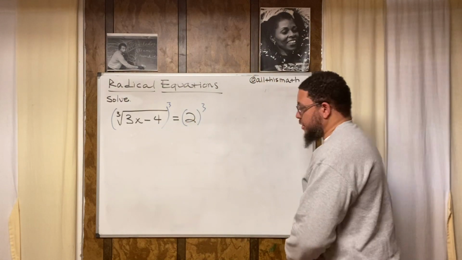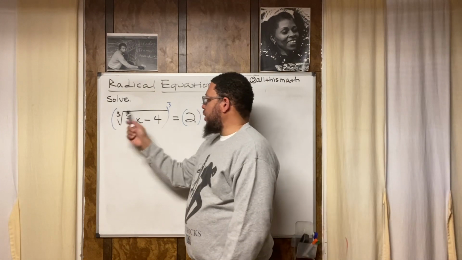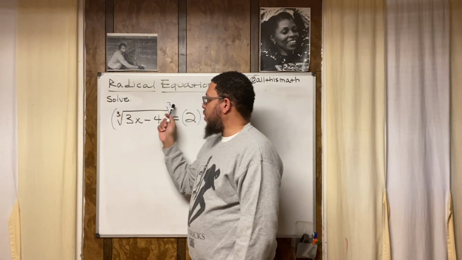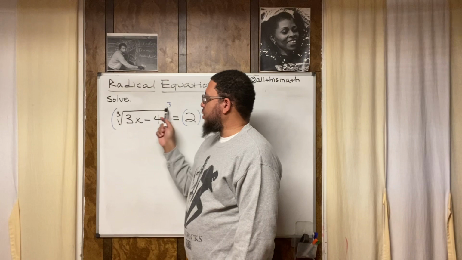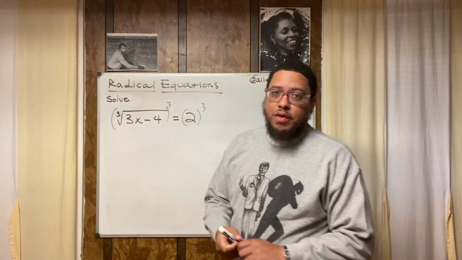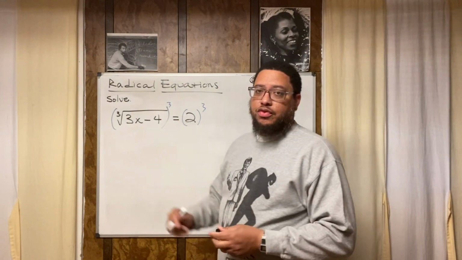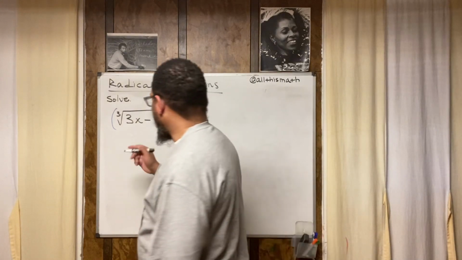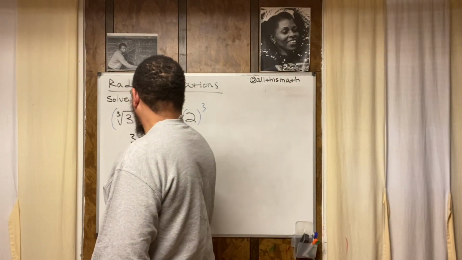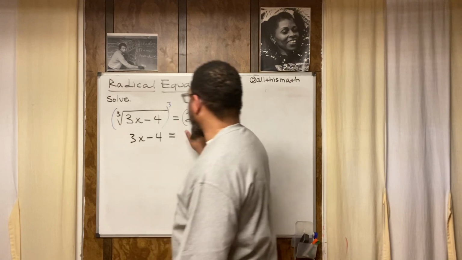Now this exponent and this radical sign cancel each other out, leaving us with the radicand, which is just 3x minus 4, inside the radical. So we got 3x minus 4 is equal to 2 to the third power.